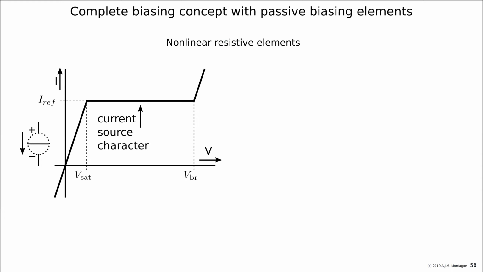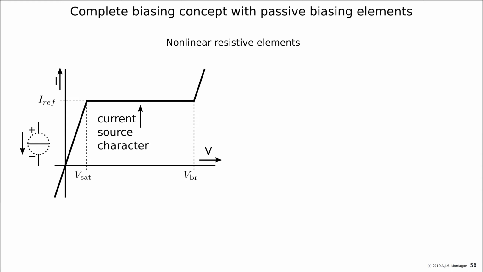Otherwise, it cannot be passive. So it means zero voltage out when there is zero current in. So there is a region in which we go from a kind of resistive character to a current source character. And for any practical device, this region ends somewhere.